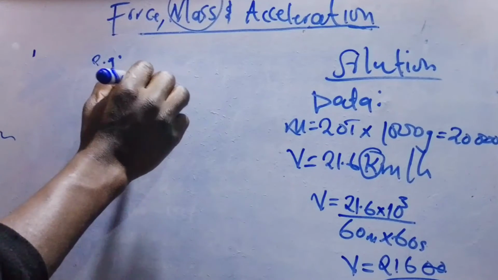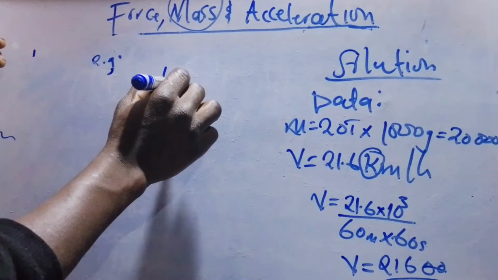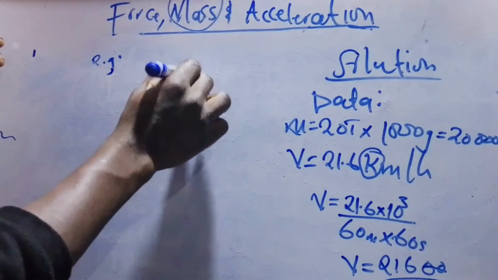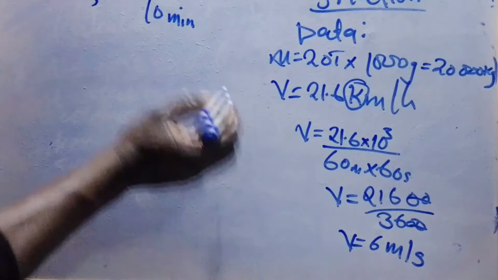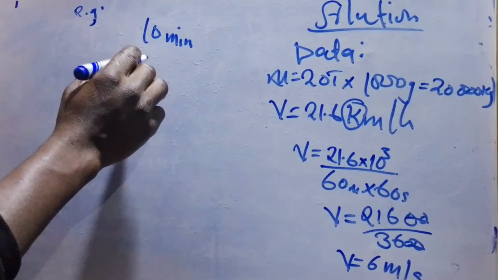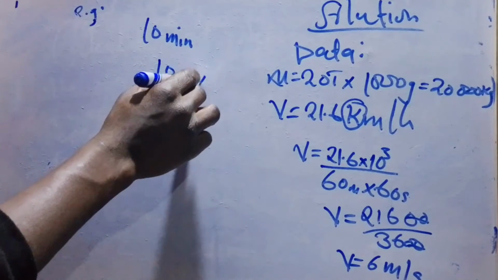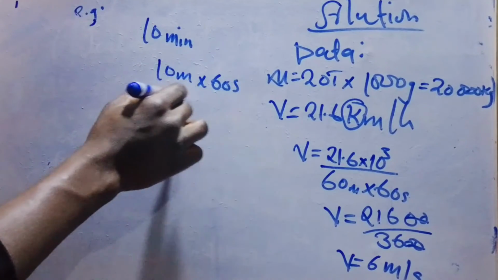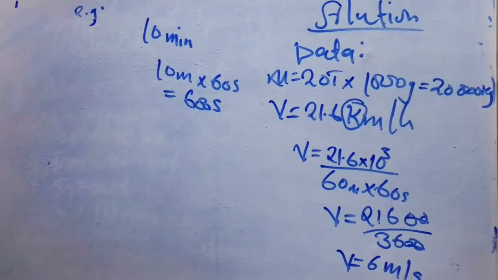And we have 10 minutes. And remember that velocity is in meters per second, so this 10 minutes we have to convert into seconds. So we are going to say 10 minutes times 60 seconds, in which you are going to have 600 seconds.